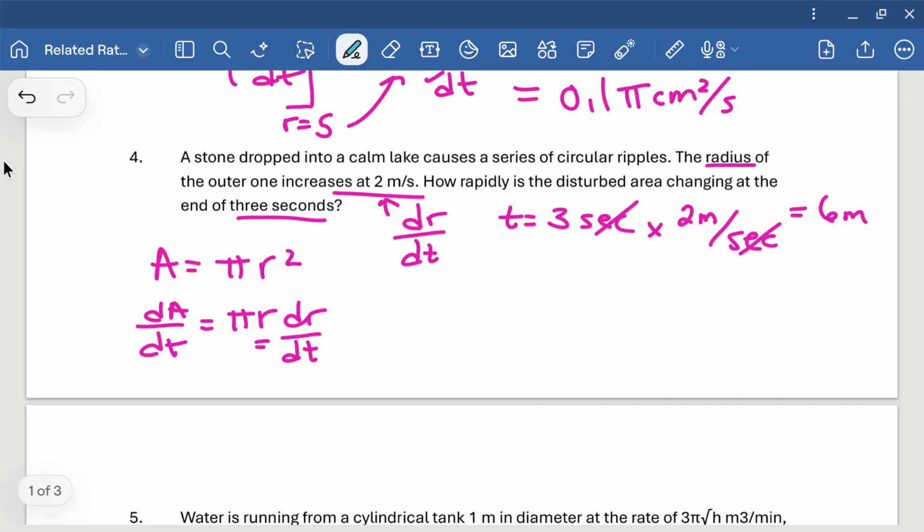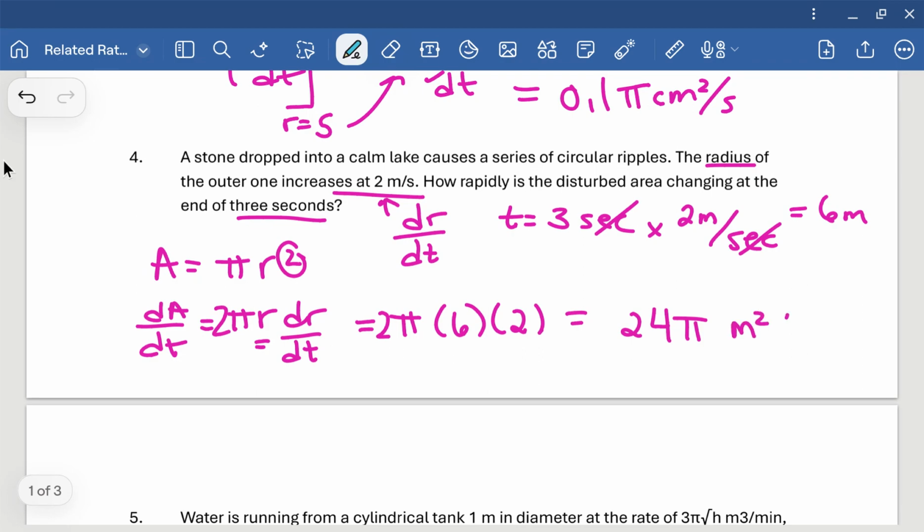So now that we know our radius is 6, we can plug everything in. So pi times 6 times 2, and oh, I actually forgot my extra value of 2 when I brought the 2 down. So times one more value of 2, and that's going to equal 24 pi, and then your units, because it's area, meters squared per second.